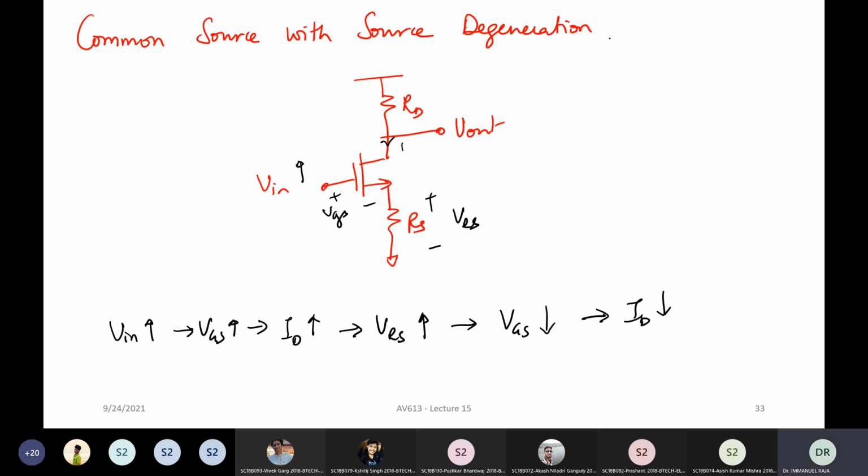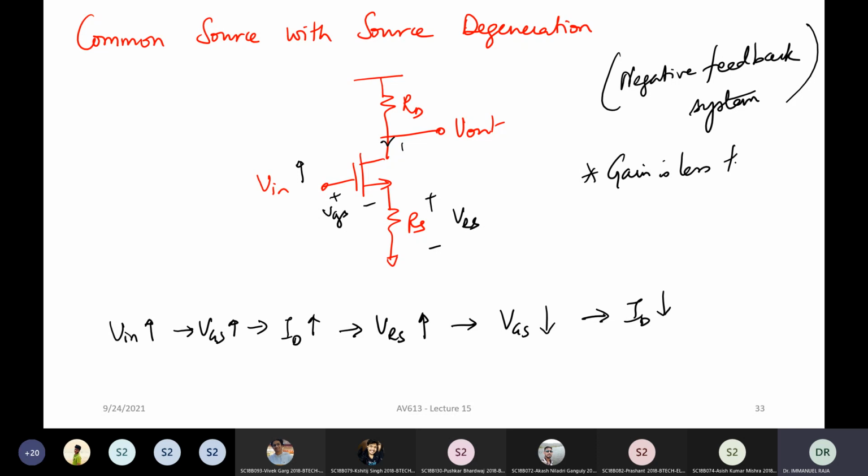From negative feedback theory, we know that the closed loop gain is always lesser than the open loop gain. So you can think of the common source as the open loop system and the source degeneration forming your feedback network. So what we can definitely expect is the gain is less than a common source, because of the source degeneration that is happening.